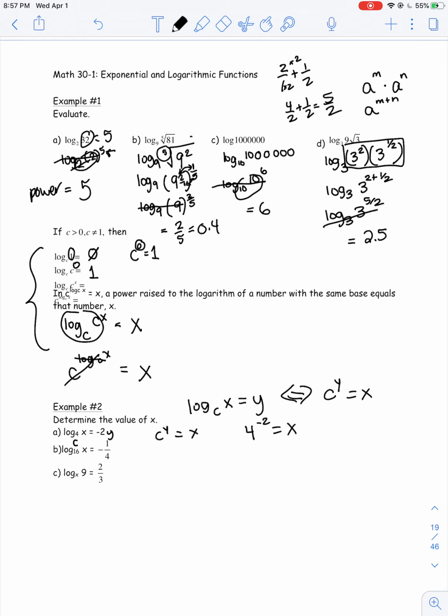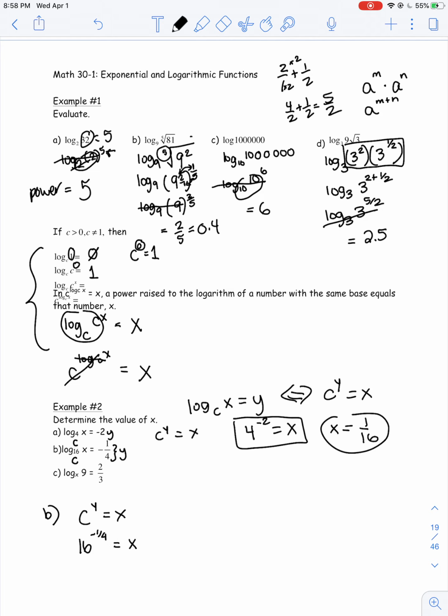Well, c is 16, our power is -1 over 4, and our value of x stays as x. Again, put that into your calculator. 16 to the power of, in brackets, -1 divided by 4 will equal 0.5. So x is equal to 0.5, which is 1 over 2. So two ways to write that.